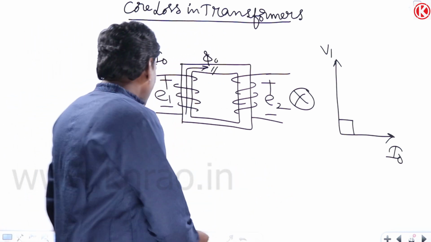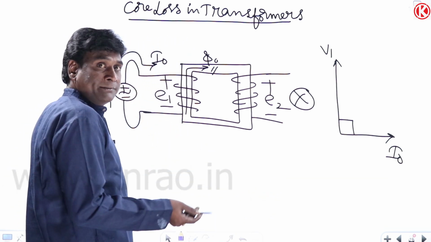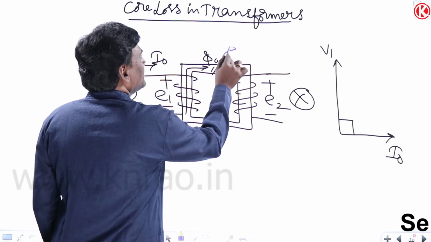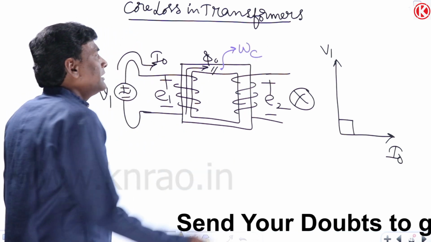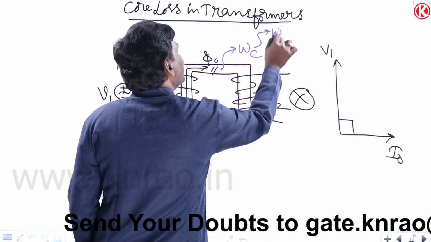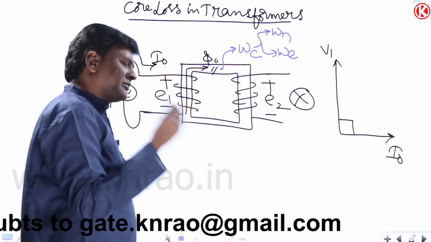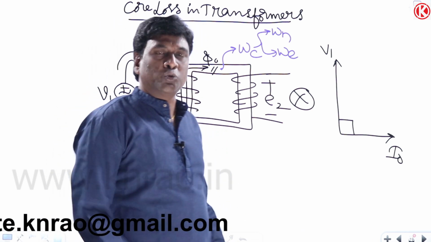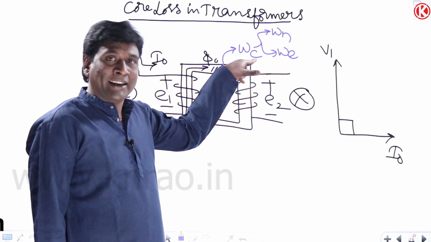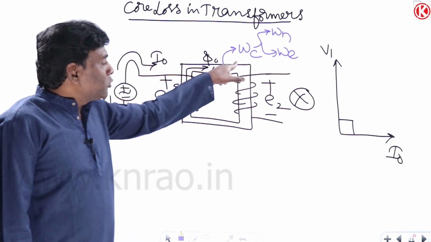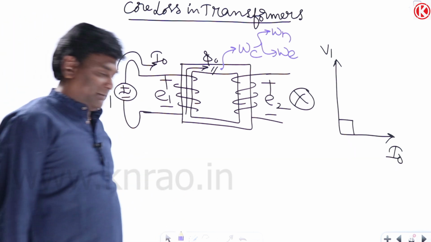Now let us consider the practical case of the iron. In the practical case of the iron, you are going to have core loss. That core loss can be divided into hysteresis loss and eddy current loss. What is hysteresis, what is eddy current, forget about it. These can be divided into two. The moment losses are included in the iron core, in order to compensate that, the source is supposed to supply power.